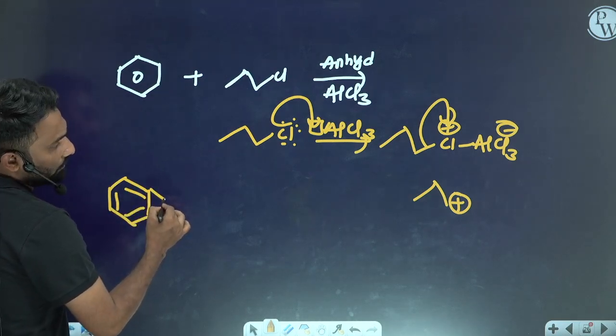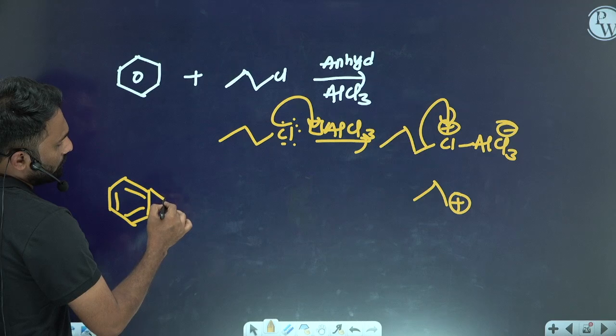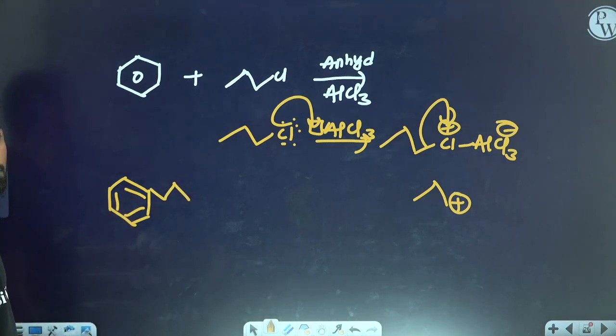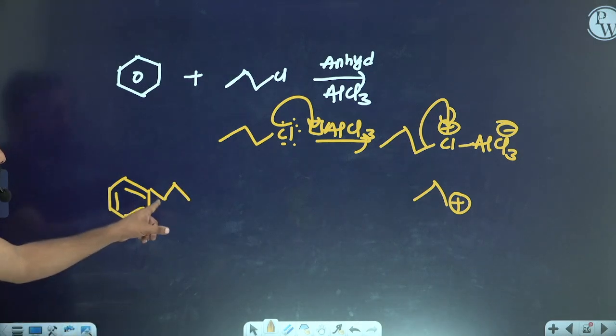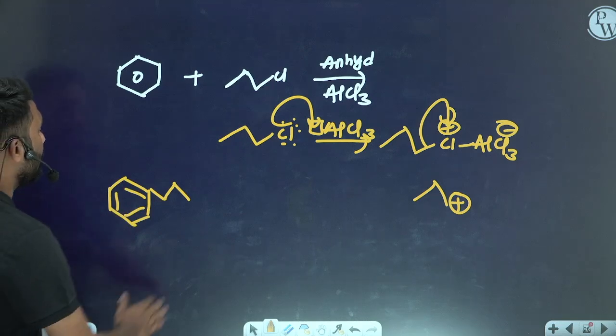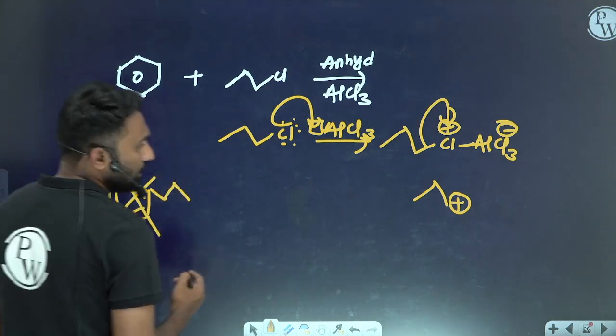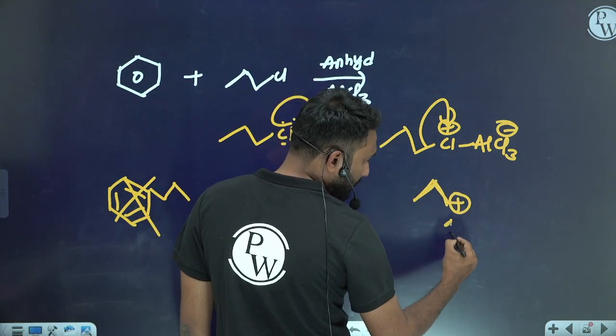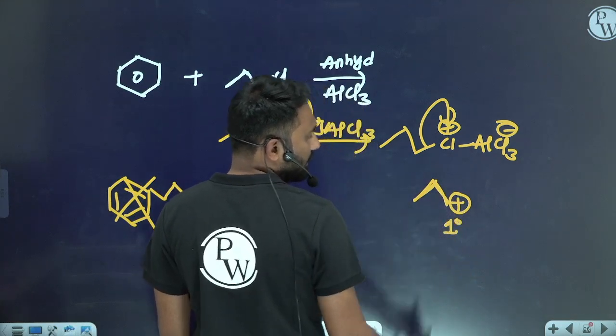Okay. Now this option will be present in the options, but this option is wrong. Why is it wrong? See here, this carbocation is the primary carbocation. This is a 1 degree carbocation.